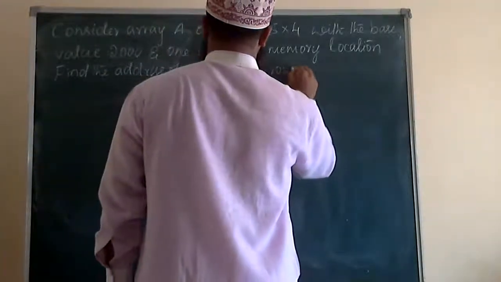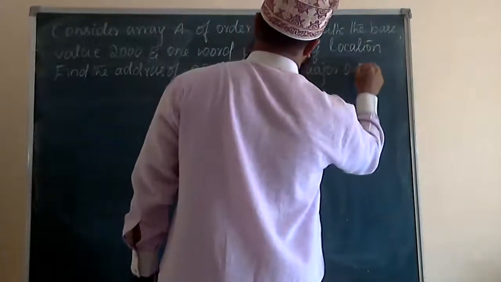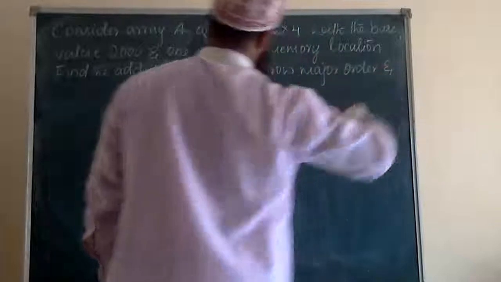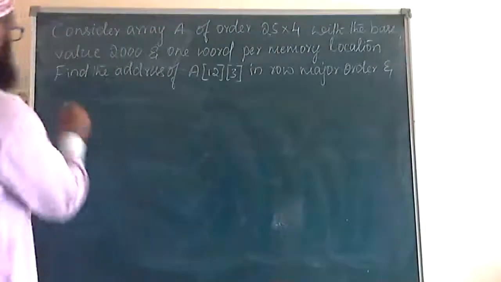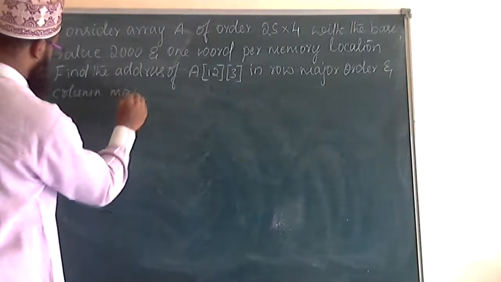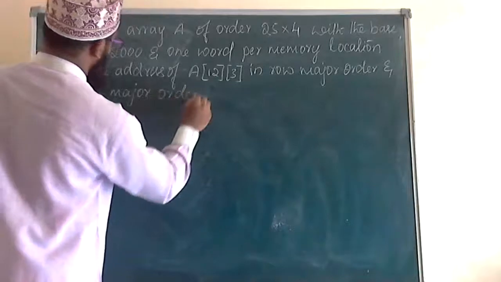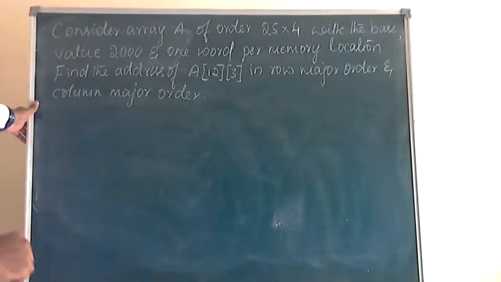In row major order and column major order. Okay, what is given here?